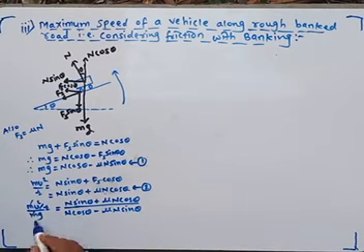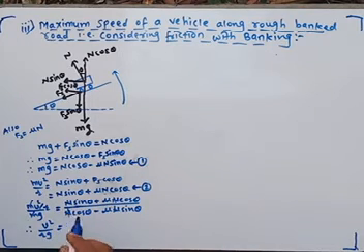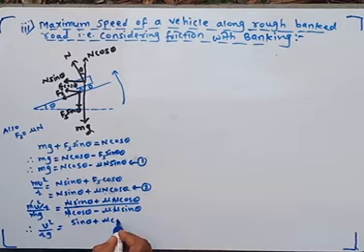Here m gets cancelled and all these capital N get cancelled, and therefore v square upon rg is equal to sin theta plus mu cos theta upon cos theta minus mu sin theta.